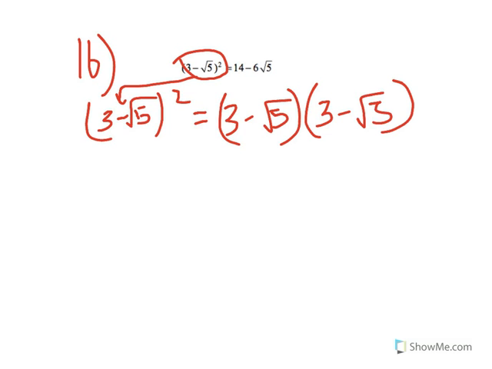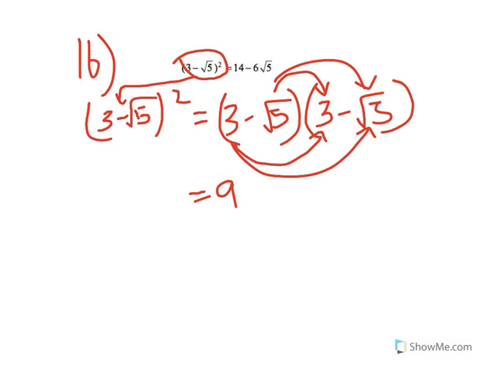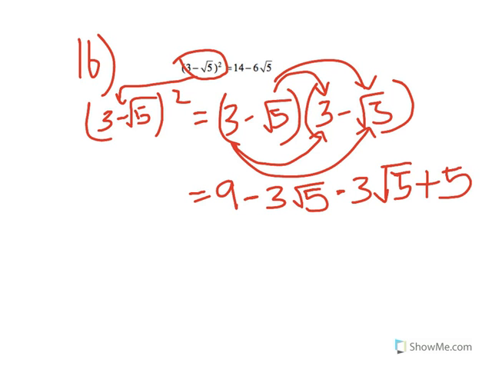So now all you got to do is do your expansion of brackets. Multiply each value by each term. So you're going to get 3 times 3, which is 9, minus 3 times negative root 5 is minus 3 times root 5. And minus root 5 times 3 is minus 3 times root 5. And negative root 5 times negative root 5 is nothing but positive 5.